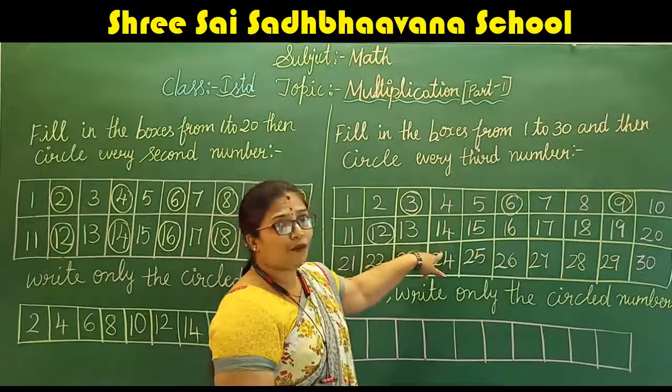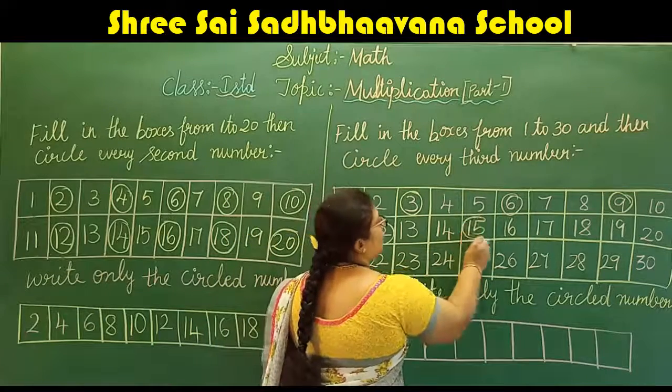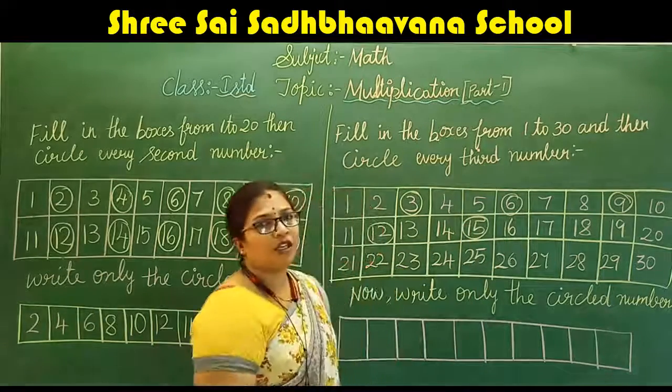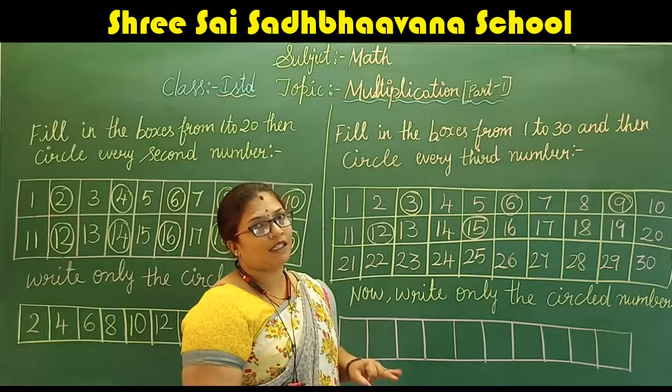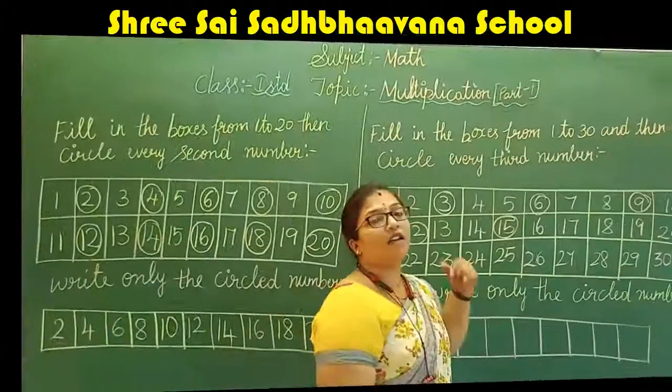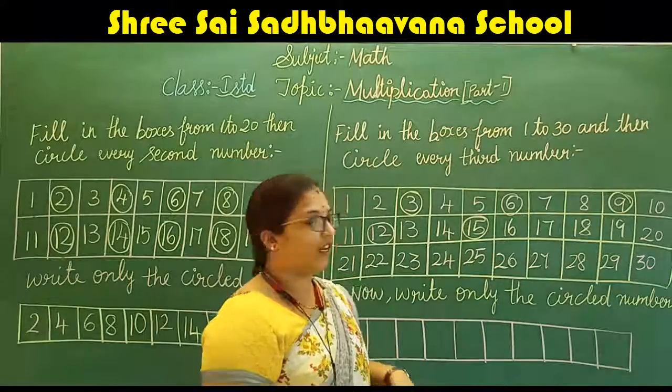So 13 and 14 we have to skip and we have to circle 15. Right, children? So keep in your mind what 3 number skip counting means.